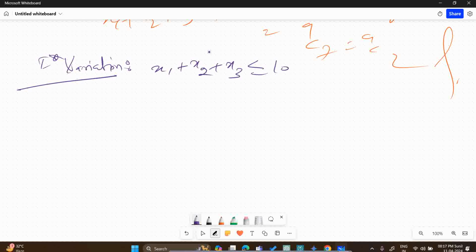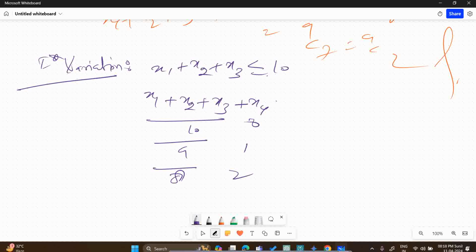What we are going to do is introduce a fourth variable, x4, so that the sum is exactly 10. x4 can have the value 0, 1, 2, 3, and so on. If the others total 10, then x4 is 0. If they total 9, then 1. If they total 8, then 2. It can be solved like 13C10 is the answer, which is 13C3.